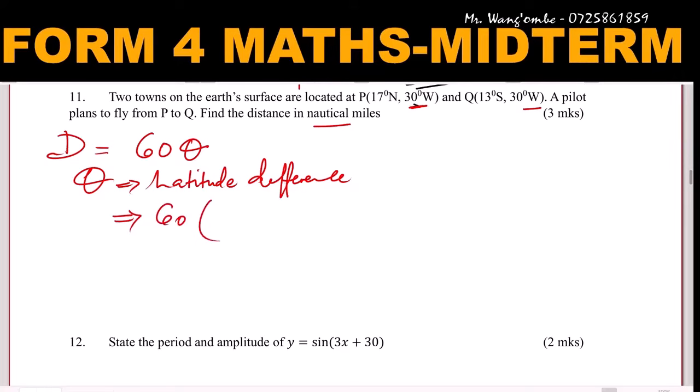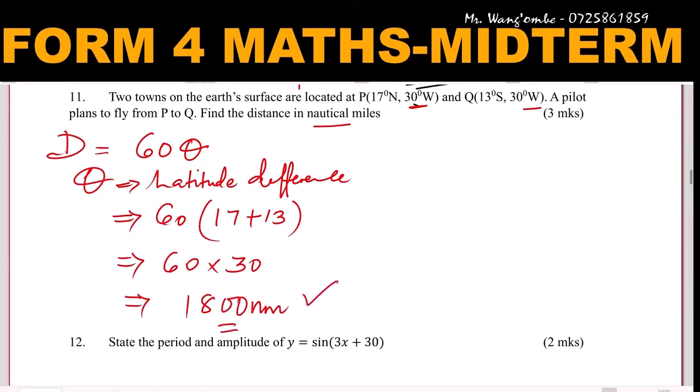You can see you have 17 degrees north and 13 degrees south. So to get the latitude difference, you simply add: 17 plus 13 is 30. So this will give 60 multiplied by 30, which gives 1800 nautical miles.